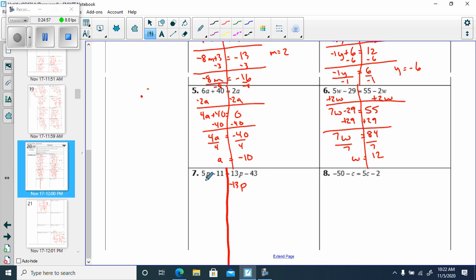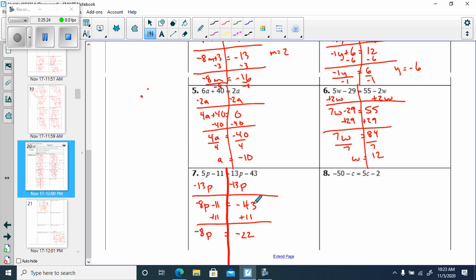I'm going to subtract 13p from each side. Okay. This could give me negative 8p minus 11 equals negative 43. Let's add 11 to both sides.